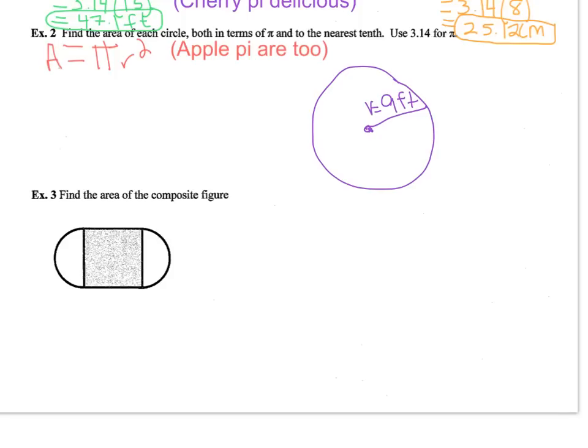Again, we're going to do this in terms of pi, and then we're going to use an estimate. So area equals pi times the radius, which is 9, squared. We can clean that up in two ways. I'm going to put the pi at the end, and I can calculate 9 squared. 9 times 9 is 81.